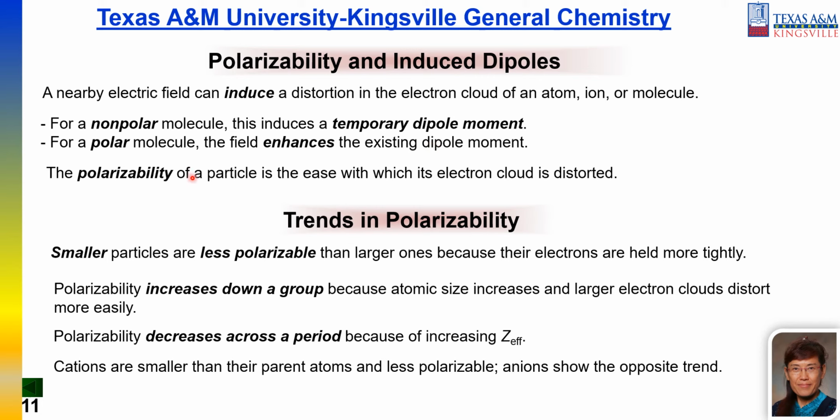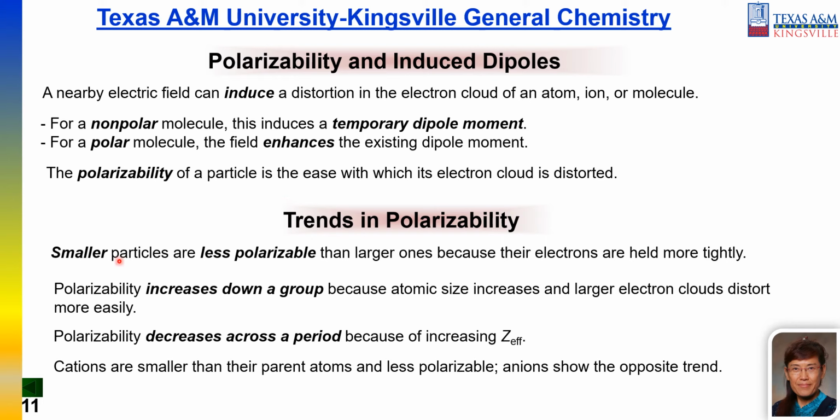The polarizability of a particle is the ease with which its electron cloud is distorted. Your electron cloud distortion occurs. And then the trend of polarizability.